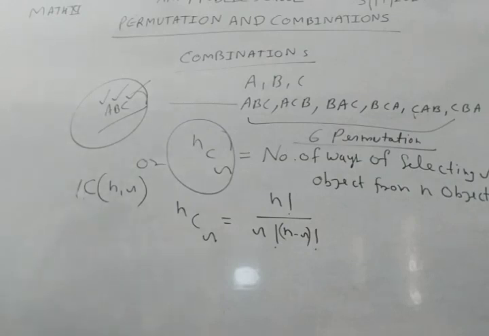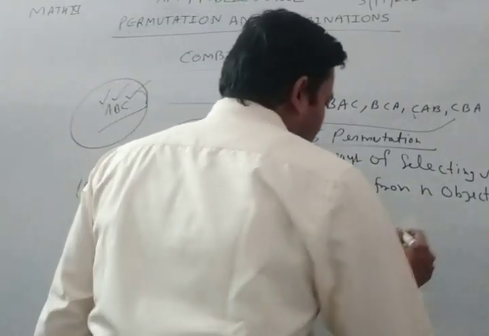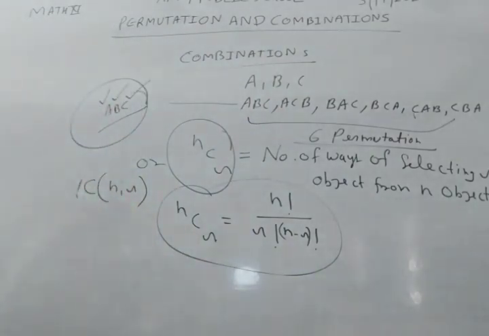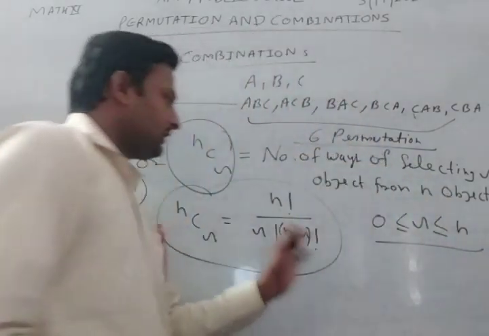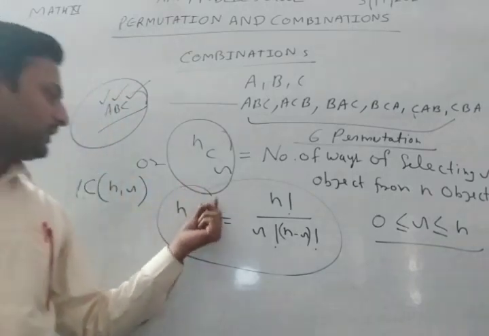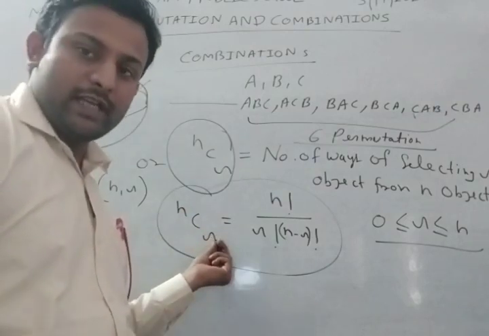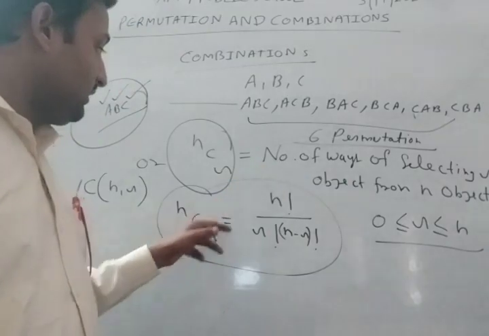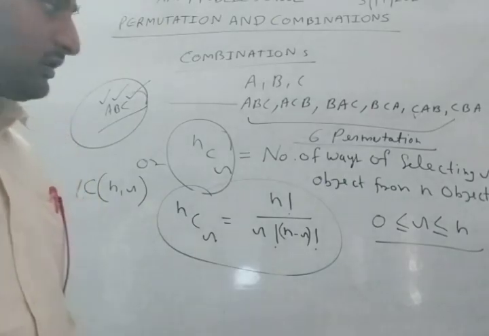And nCr is defined only when n and r are non-negative integers, that is, only when this condition is satisfied. So combination is defined as selecting r objects from n objects; the number of ways of selecting r objects from n objects is our combination.